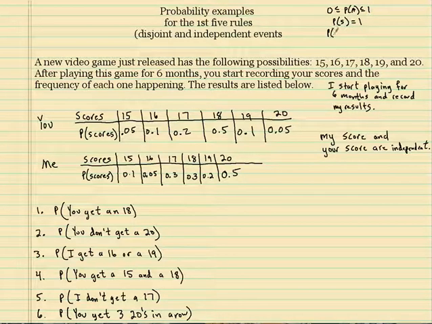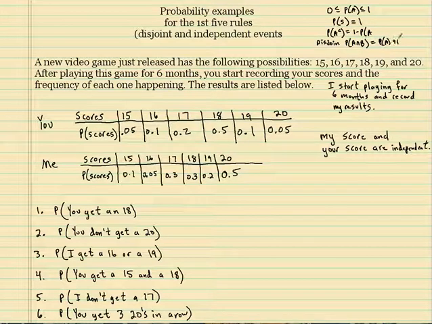Okay, and don't forget our complement. The probability of an event not happening equals 1 minus the probability of it happening. Okay, for disjoint, the probability of A or B happening is the probability of A plus the probability of B. That's if your events are disjoint, and if your events are independent, the probability of A, oops, I got this backwards, that's an OR.